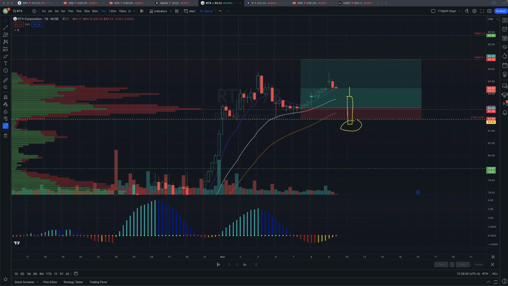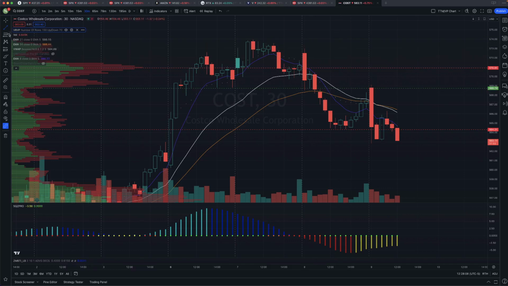But the issue is most retail traders will do what we talked about over here on Costco. They'll have a stop right here, which is good risk reward, and they won't honor it. So what was, let's say, 2 to 1 risk reward turns into a 2 to 5 risk reward, and their loss outweighs their win.